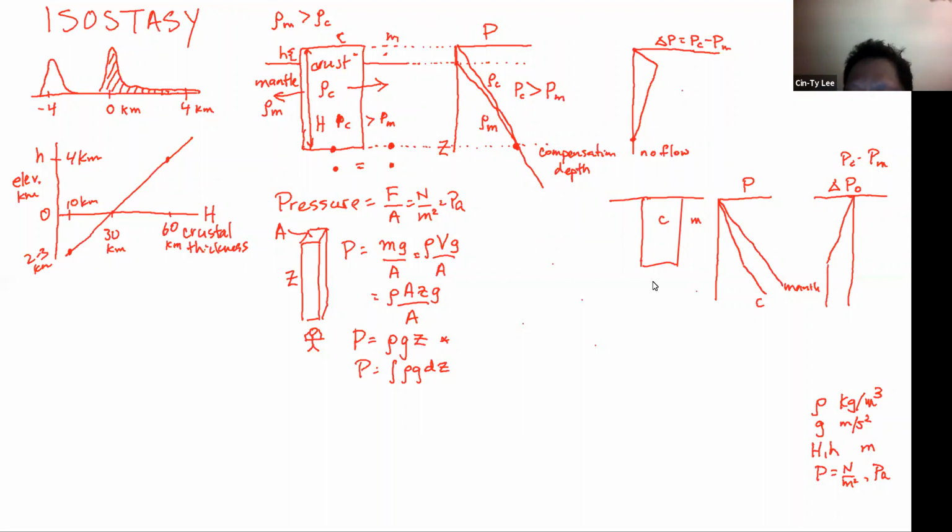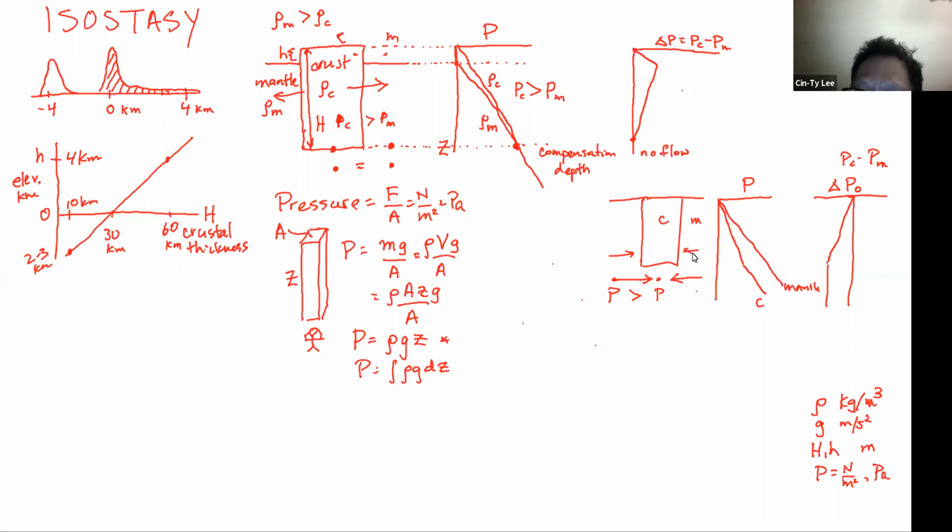In other words, if I were to compare here and here, the pressure here is greater than over here, as well as up there. So you will have flow, mantle lateral flow going in, okay?